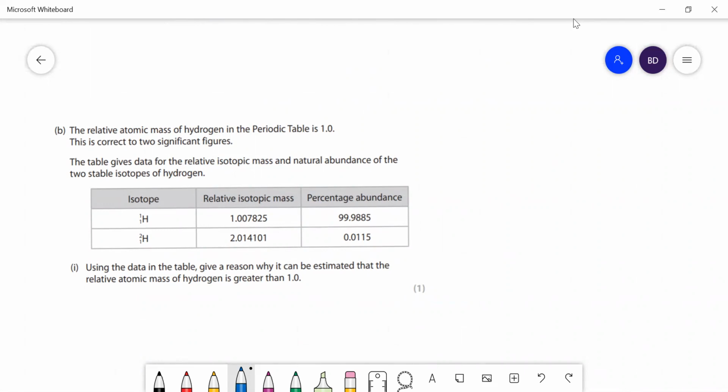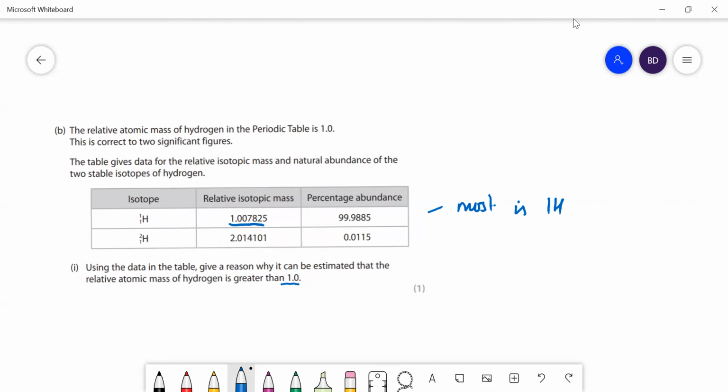It's 2.014. Right. Use the data in the table to give a reason why it can be estimated that the relative atomic mass is greater than 1. Well, first of all, you're going to say most of it is 1H, and that weighs more than 1, so that alone would make it more than 1.